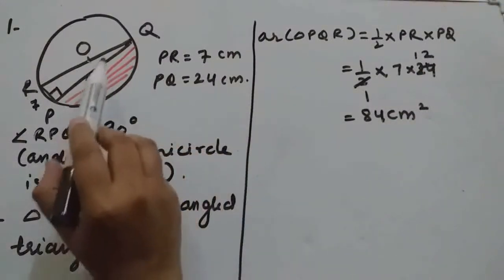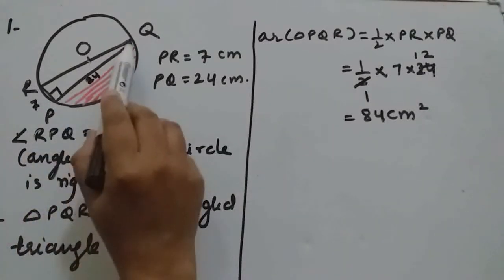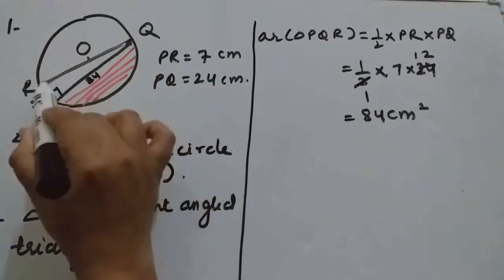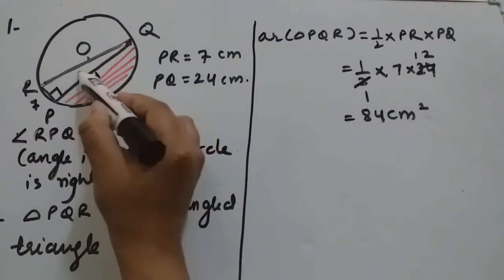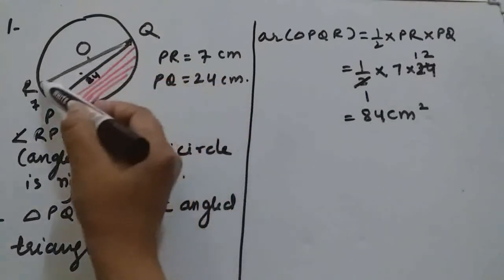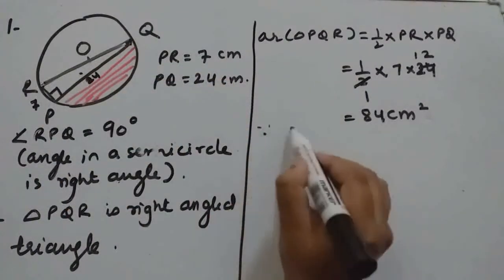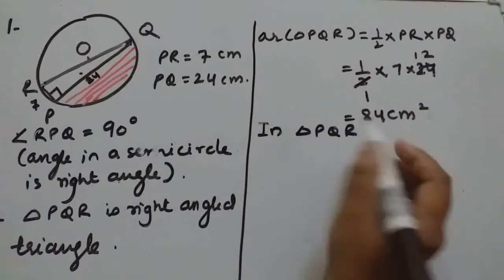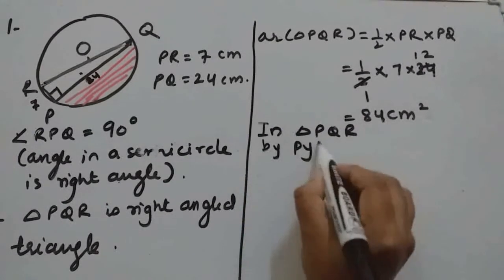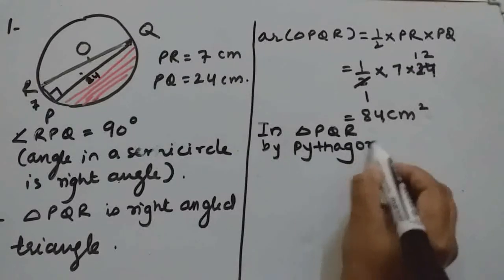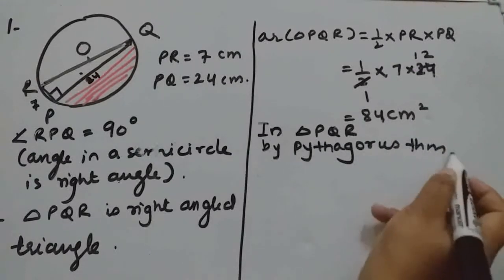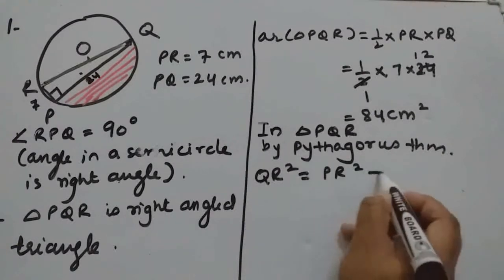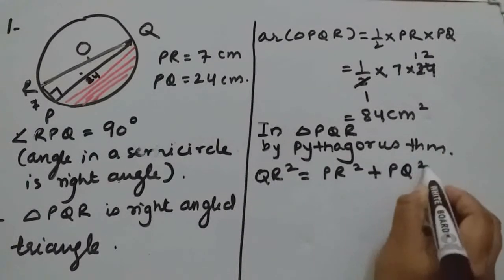Okay. Now to find the area of the semicircle, the radius should be given, but the radius is not given. But since it is a right angle triangle, we can use the Pythagoras theorem to find QR. So in the same triangle PQR, by the Pythagoras theorem we can write QR square is equal to PR square plus PQ square, isn't it?